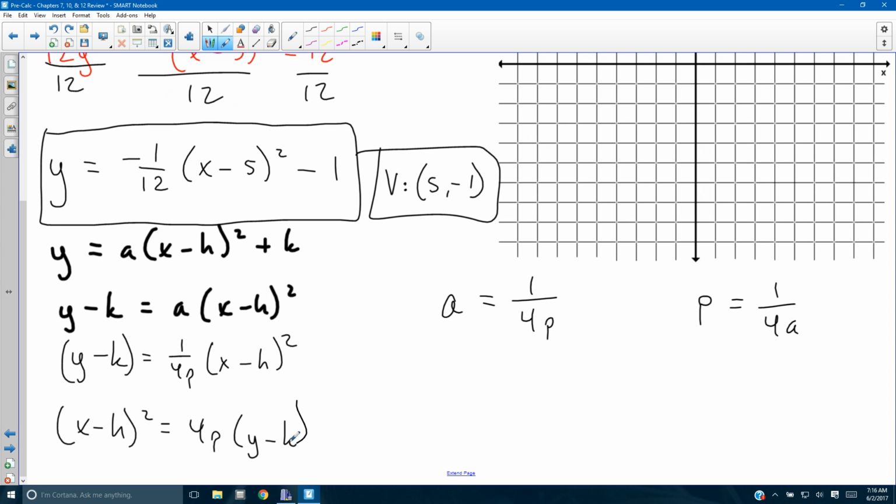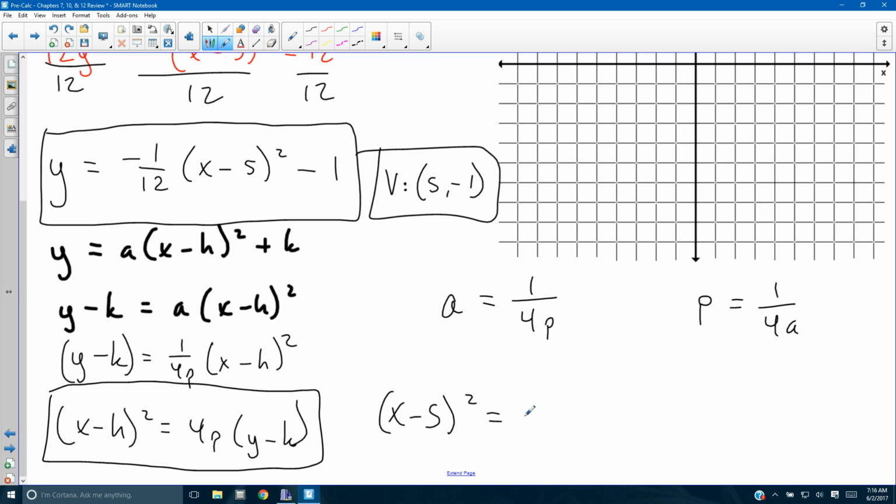You'll see this equation in your book at times, in which case we could rewrite this as x minus 5 quantity squared equals 4 times p. We didn't get that number yet. We'll get that. 4p times y minus k.